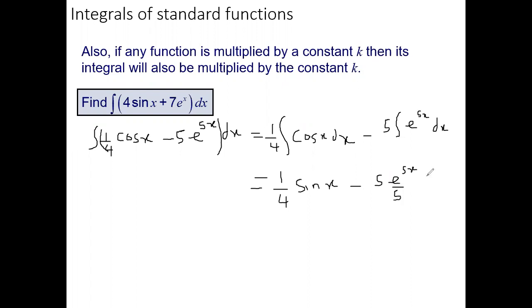Then introduce the constant of integration. So this 5 will cancel out this 5, and our final result will be 1 over 4 sine of x minus e raised to the power 5x plus c, which will be our final solution.